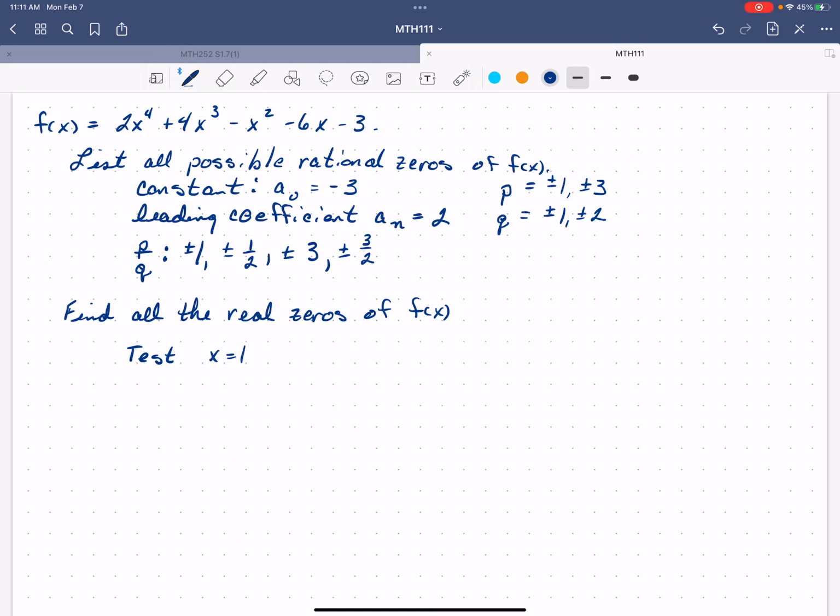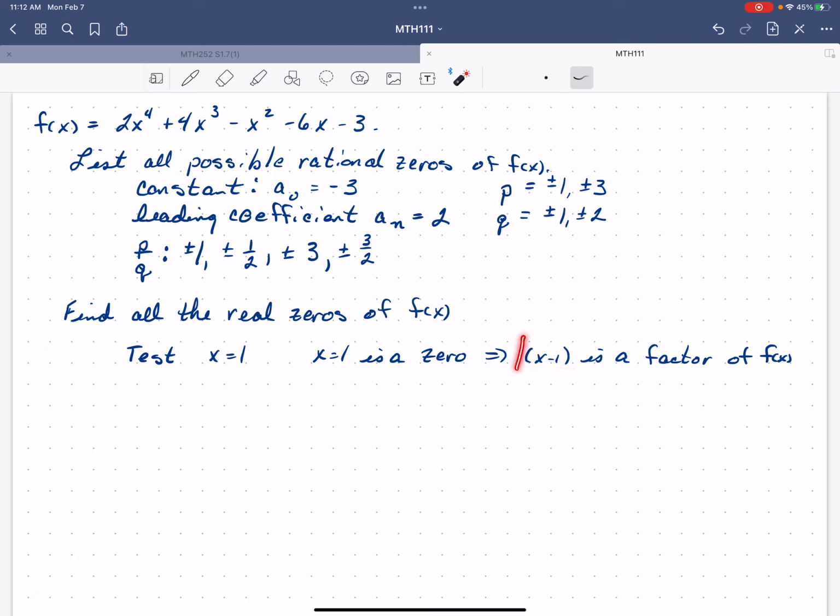Which means that if x equals 1 is a 0, that means that x minus 1 is a factor of the function. And if I divide x minus 1 into my polynomial, I'll get a remainder of 0. So what I'm going to do is divide this function by this factor.